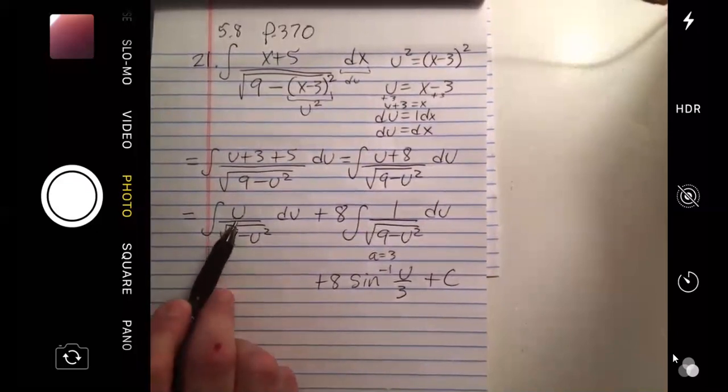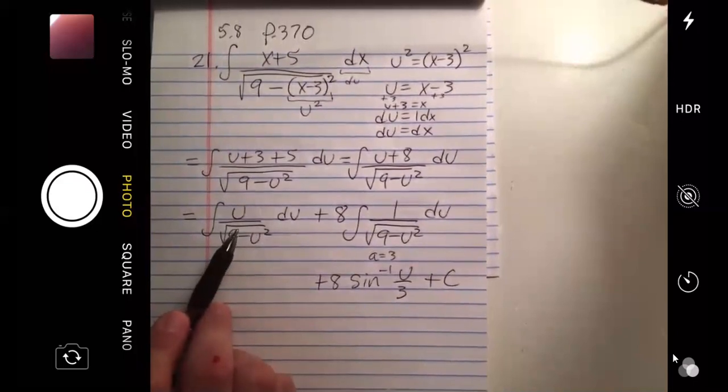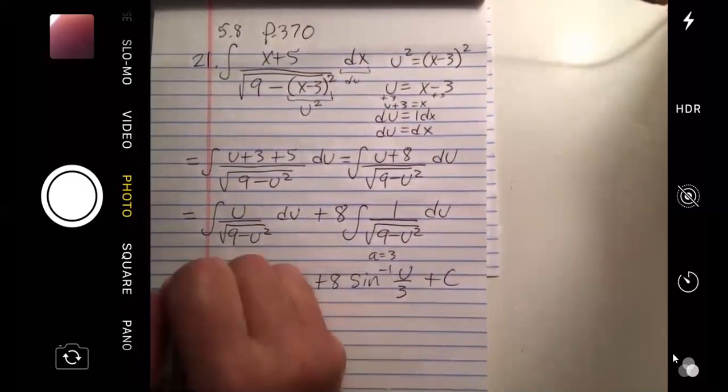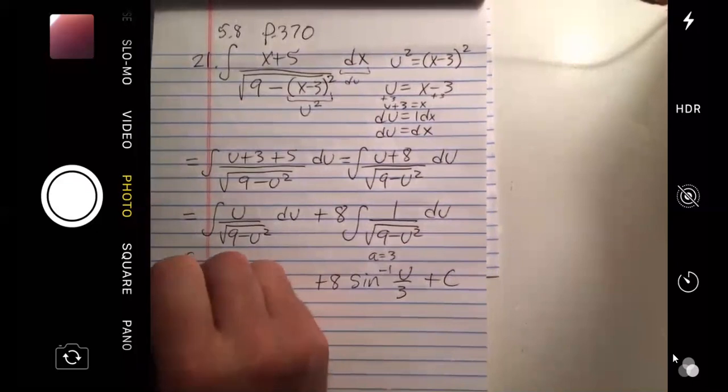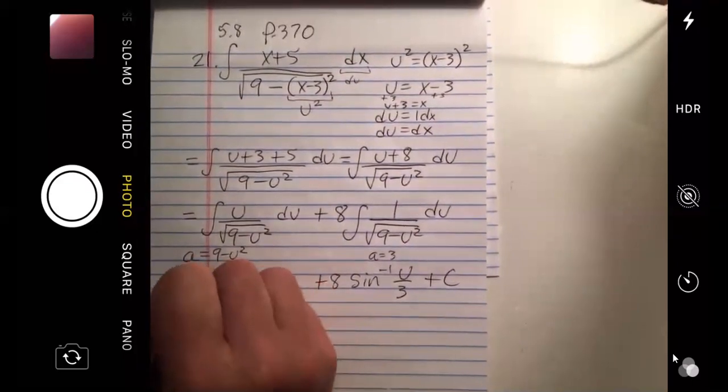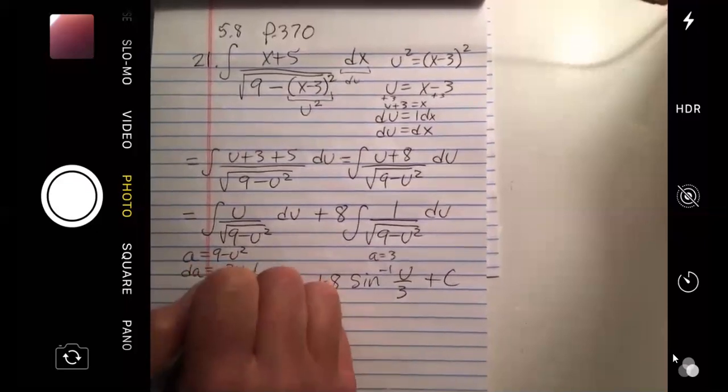If you want to see the pieces written out, this is going to work out by u du, but we can't use letter u because we're already using it. Maybe I'll use a. A equals 9 minus u squared, and dA is negative 2u du.